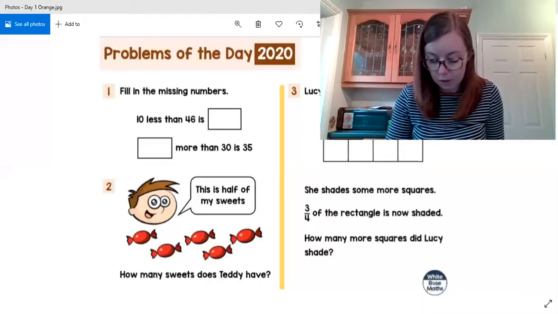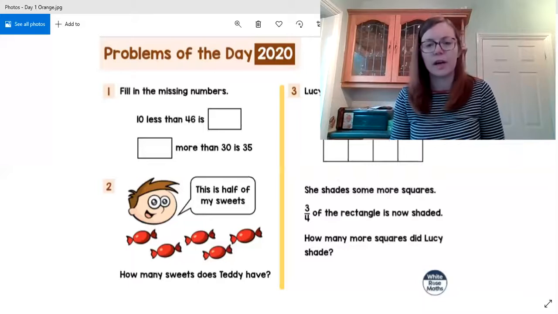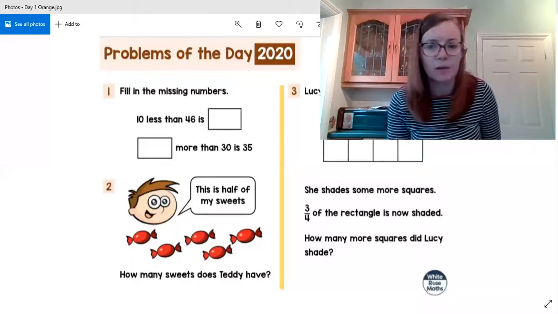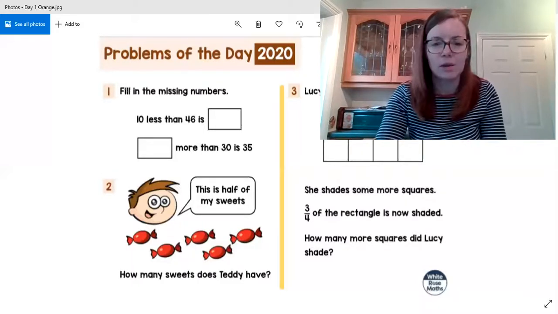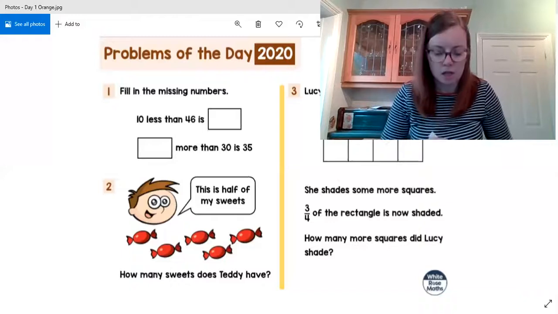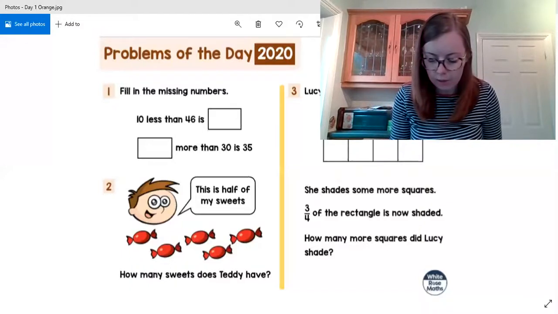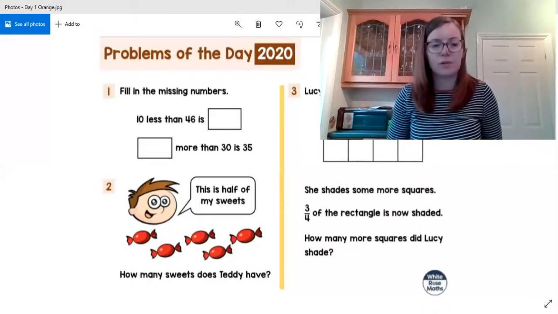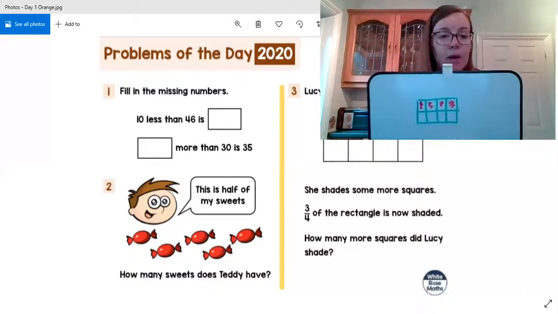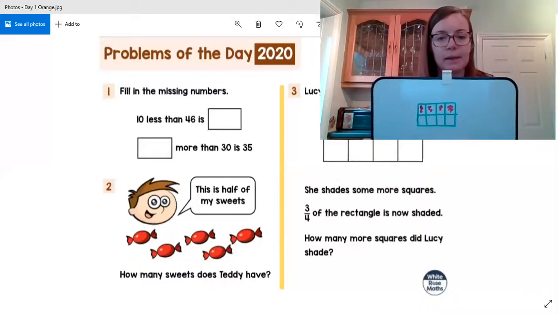And then there is a girl called Lucy in our question, and it says that Lucy has shaded part of the rectangle. Now, this is what's quite hard to see on the picture, but these ones here are shaded. So I will draw it out on the whiteboard for you, using some different colours. Here we go, copycat rectangle with some shading.